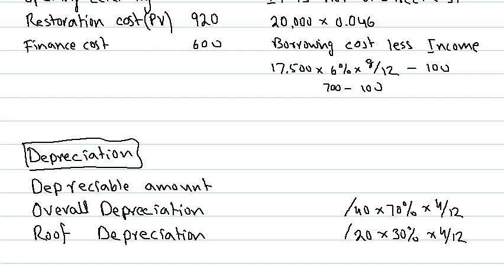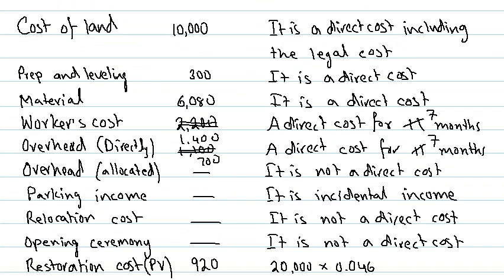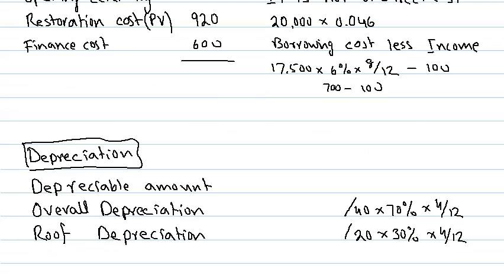We don't have any more points in the question, so we just need to finalize our calculations and our answer is there. The total cost of asset is 20 million. The depreciable amount is 20 million less 10 million because 10 million is the cost of land and land is not depreciable. We will have it as 10,000.